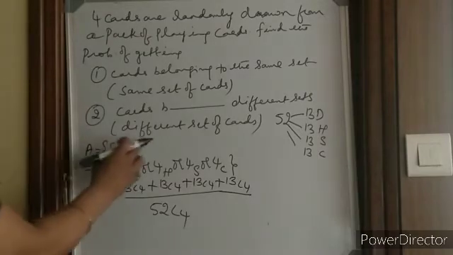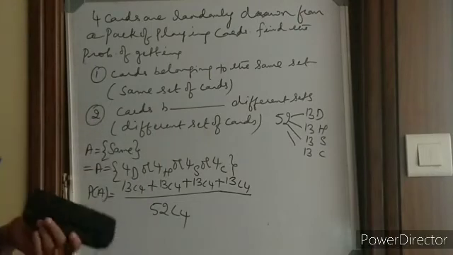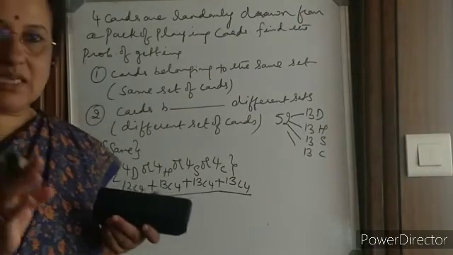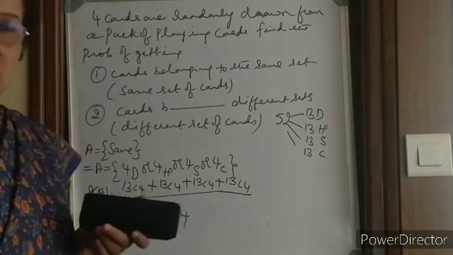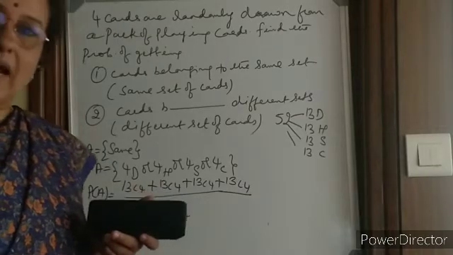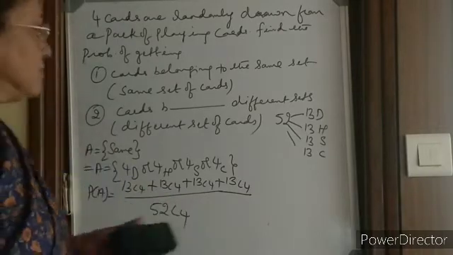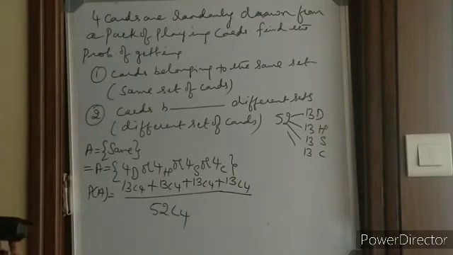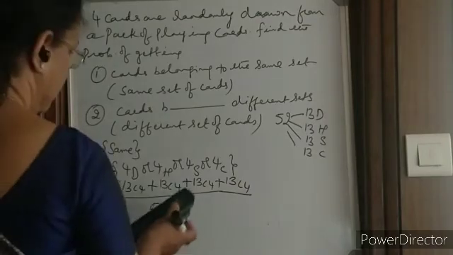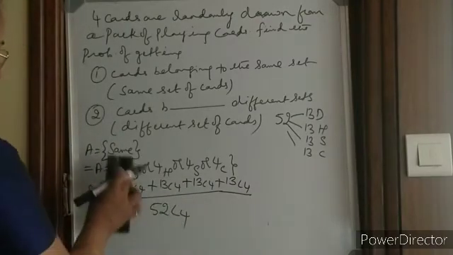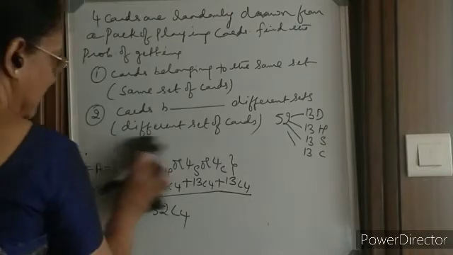Now coming to the second part, different set of cards. What does it mean, different set? So 4 cards are there. 1 should be diamond, and 1 should be heart, and 1 should be spade, and 1 should be club. Okay. So I'll write this part.